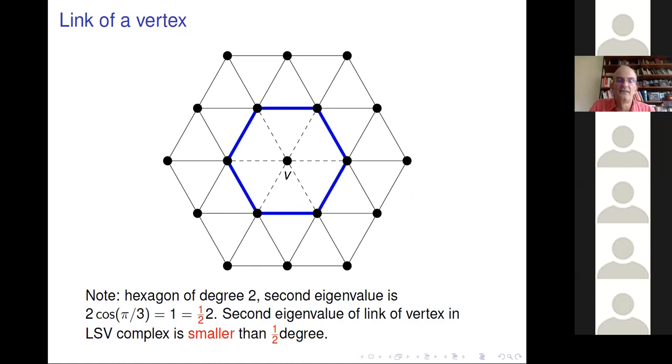Now, this LSV complex that I've been introducing, it has a second eigenvalue which is smaller than half of degree, and it's, believe me, super challenging to actually come up with such a simplicial complex. And the consequences of this fact are very far-reaching.